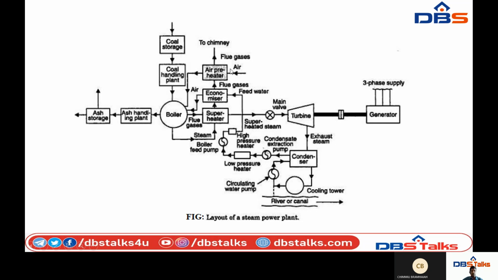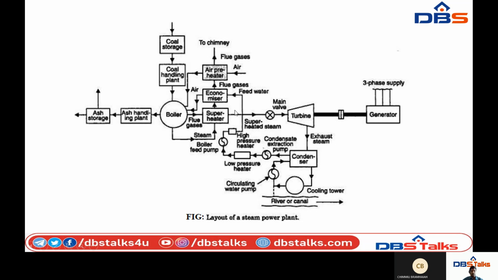The air preheater is used for sending the air by means of forced or induced draught fans into the furnace. After sending air by means of the air preheater to the boiler, the unburned gases or flue gases escape from the furnace into the atmosphere by means of the chimney. Here I am showing the chimney.